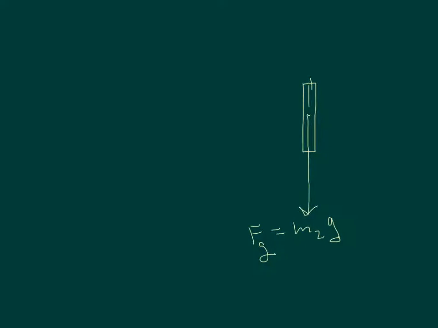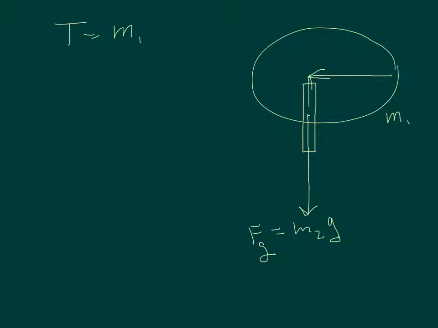Coming out this end, I have the mass M1 swinging around, and the tangential force holding this in is equal to M1 times V squared over R. That gravitational force, if it's counterbalanced exactly, and we'll paint this little piece of the string white and make sure it doesn't move up or down, then the gravitational force must be exactly balanced out by the tangential force.